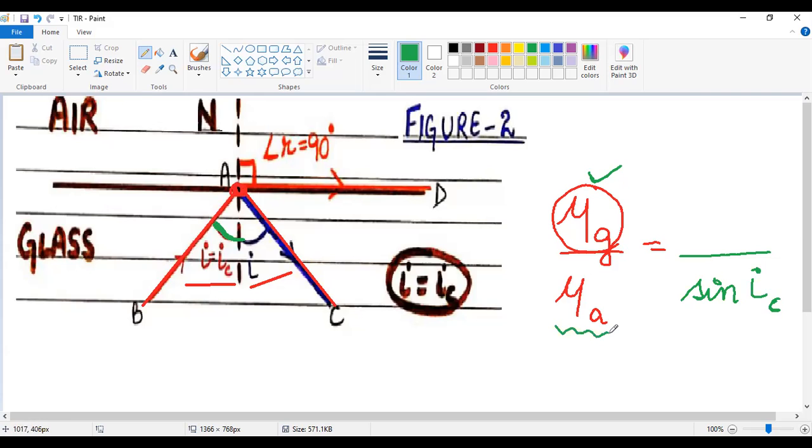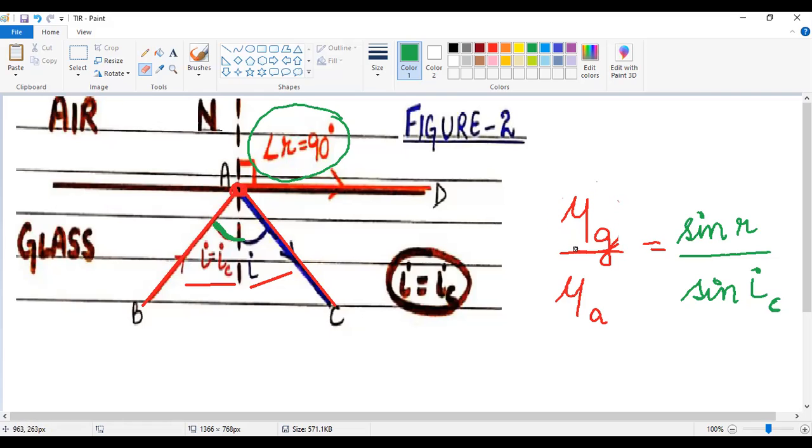Similarly, refractive index of air is written in denominator, and in air we are having an angle of refraction which will be written in numerator. So students, refractive index is inversely proportional to the sine of angle in the medium.